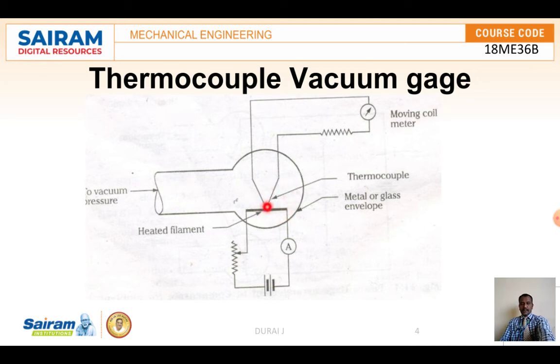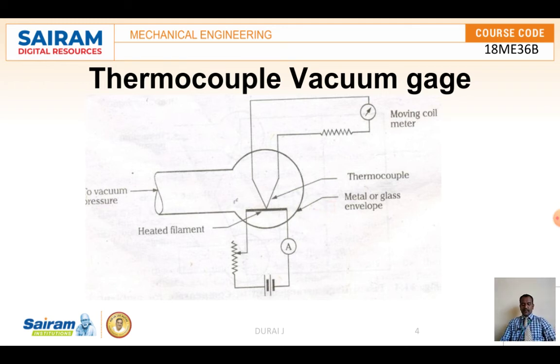Normally it is closed, and the filament is heated with a constant current. Its temperature depends upon the amount of heat lost to the surroundings by conduction and convection. At low pressure, the temperature of the filament is a function of the pressure of the surrounding gas.